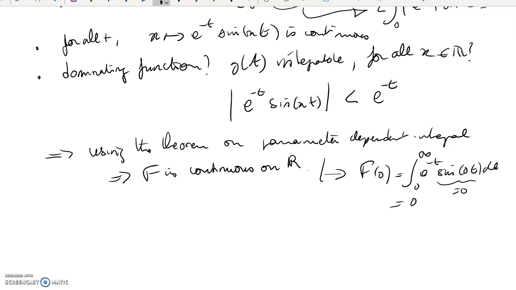And indeed, the theorem tells you that if you take the limit as x tends to 0 of that, e to the minus t sine of xt dt, you're going to get 0. That's continuity. Okay, well, try to apply the same approach on the same function, but for differentiability.